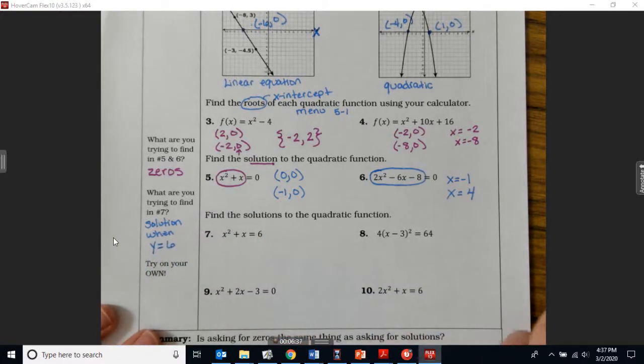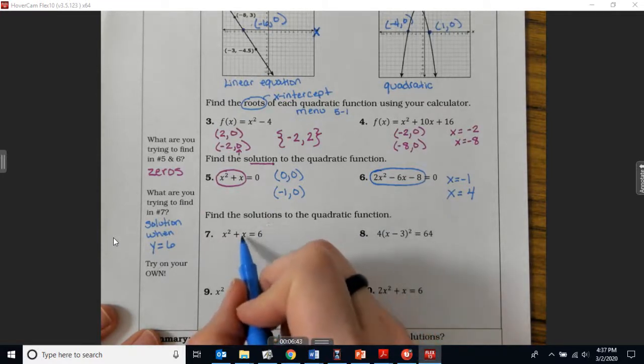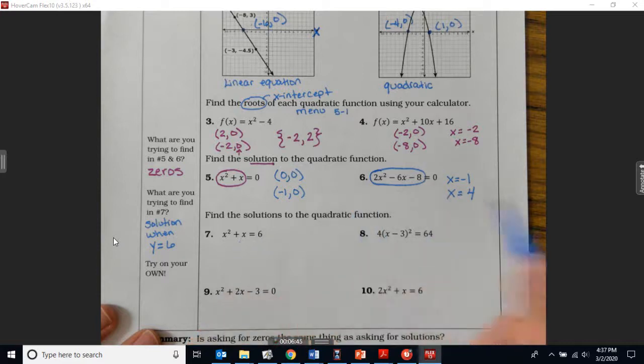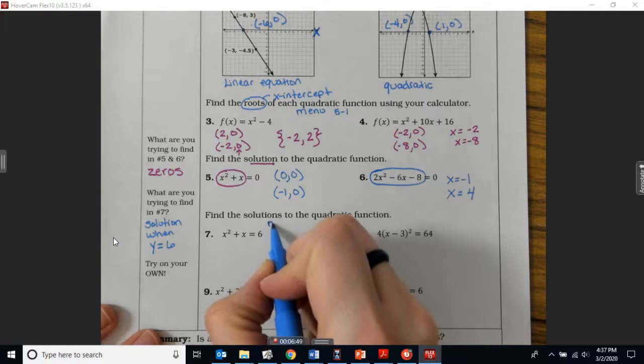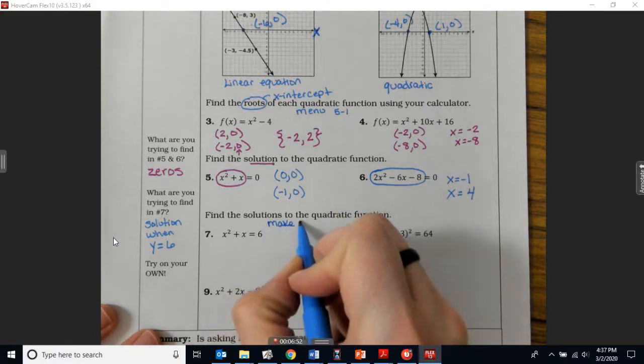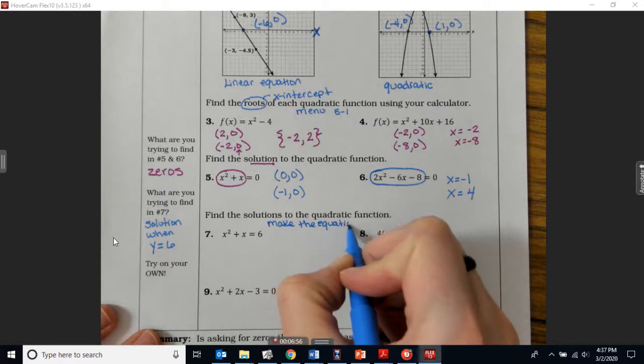In order to do that, if your equation does not equal 0, you have to move the number over to make your equation equal 0. So what we're going to do is make our equations equal 0.